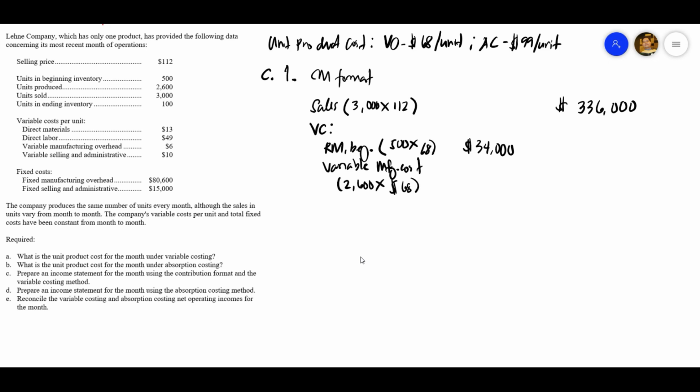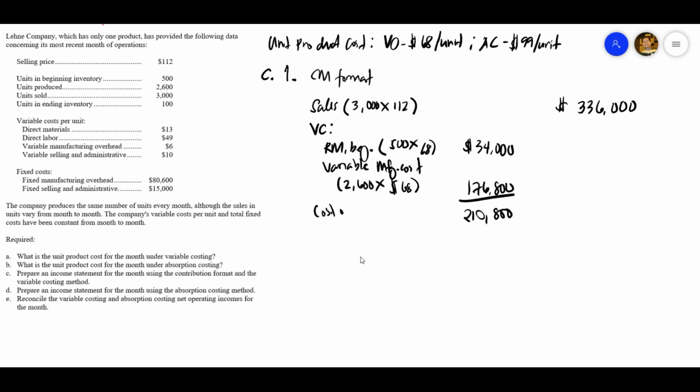That gives us 176,800. Then the total, 34,000 plus 176,800, gives us a total value of 210,800.